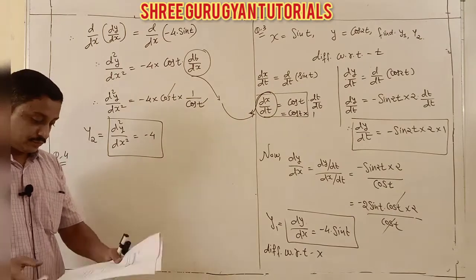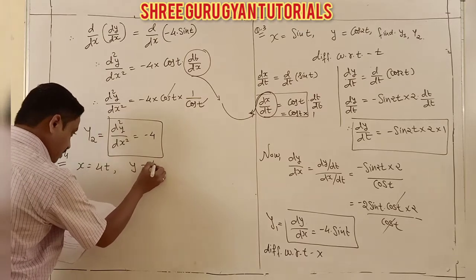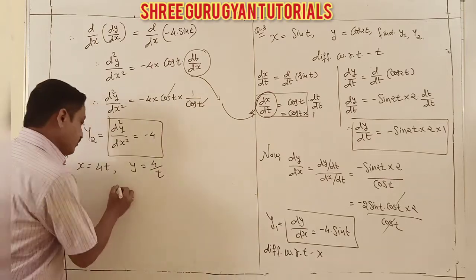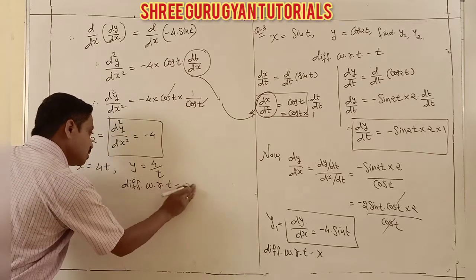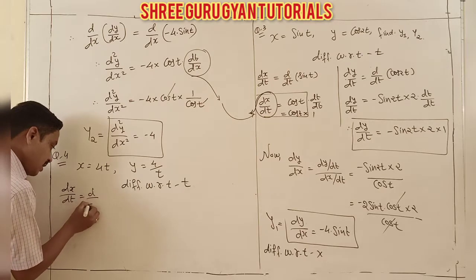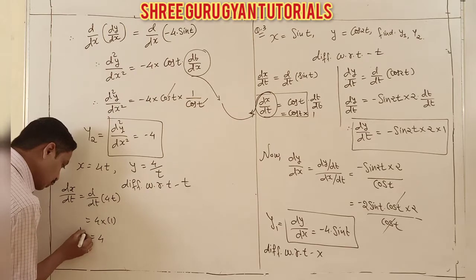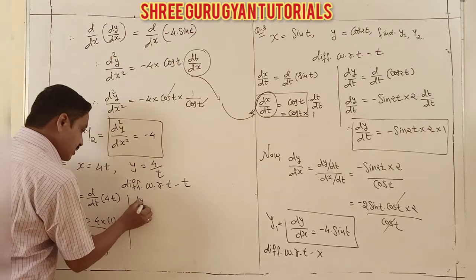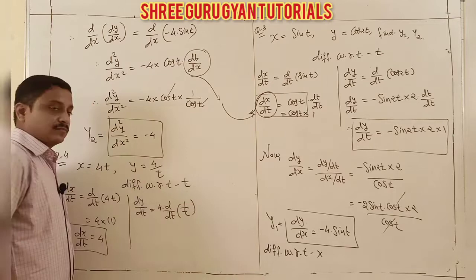Now the fourth one. x is equal to 4t and y is equal to 4 by t. It's a very easy sum. Differentiation with respect to t, because t is the parameter. dx by dt is d by dt of 4t: 4 is constant, the derivative of t is 1, so dx by dt is 4. Same for dy by dt, with the 4 outside, d by dt of 1 by t.